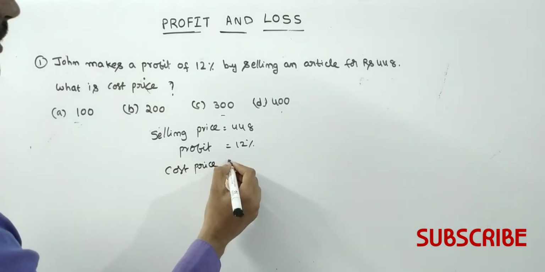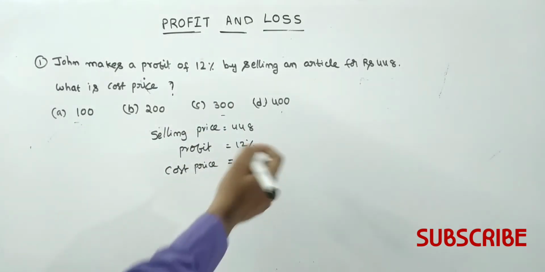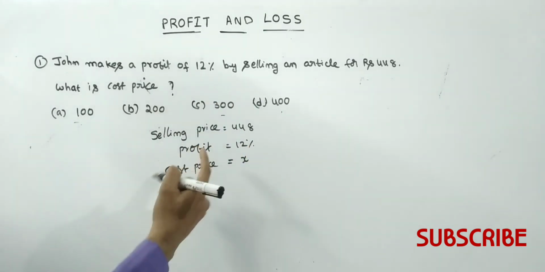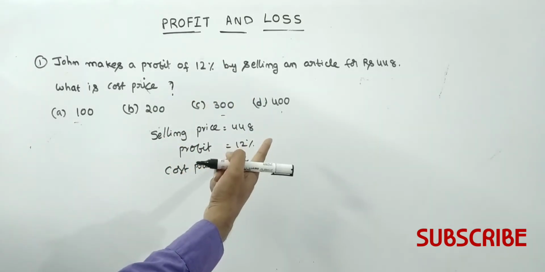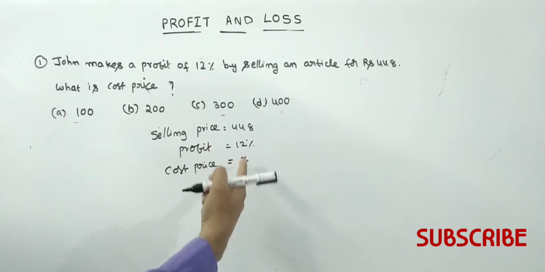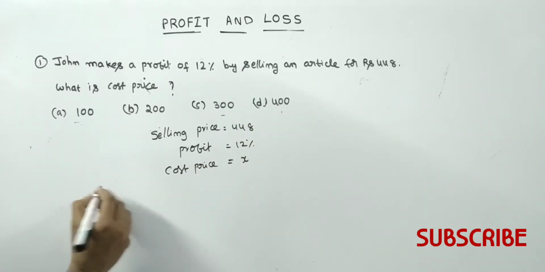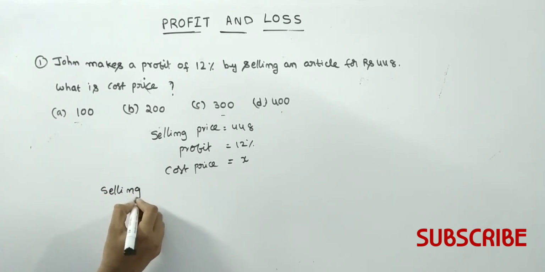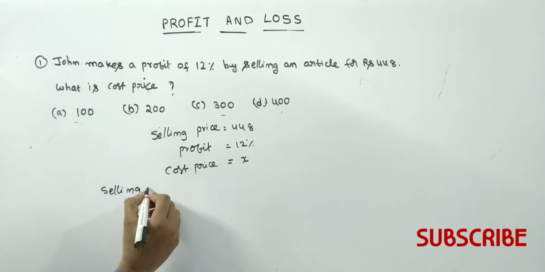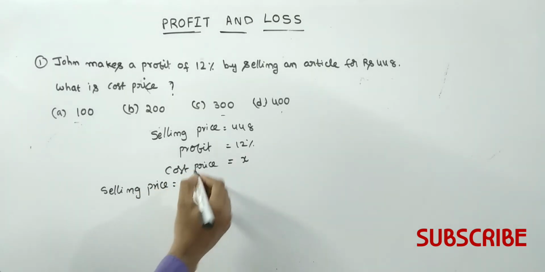See friends, we don't know the cost price, so assume it as x. He has given 12% profit on the cost price. That means selling price equals cost price plus profit.